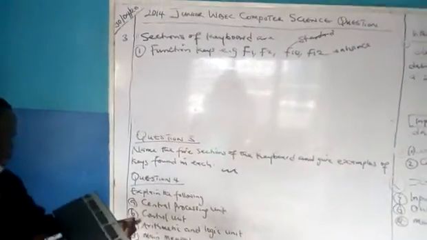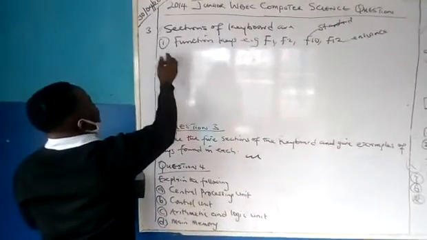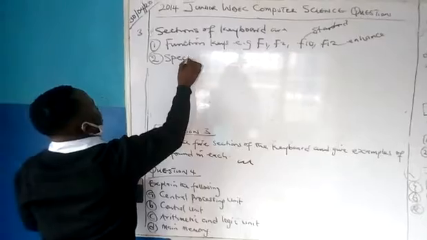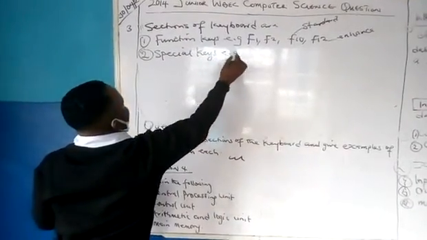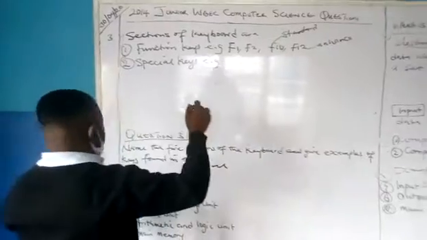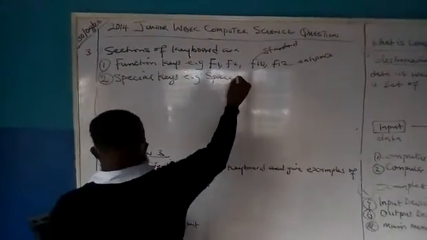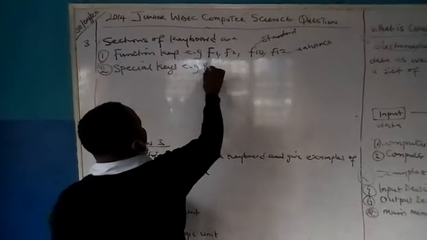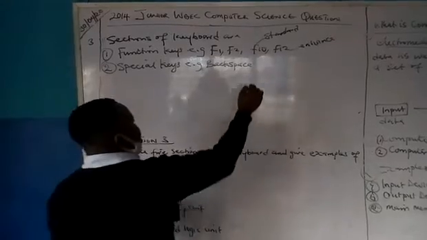Number 2, we will see special keys. Special what? Keys. E.g., you see the space bar. Backspace, sorry. Backspace.